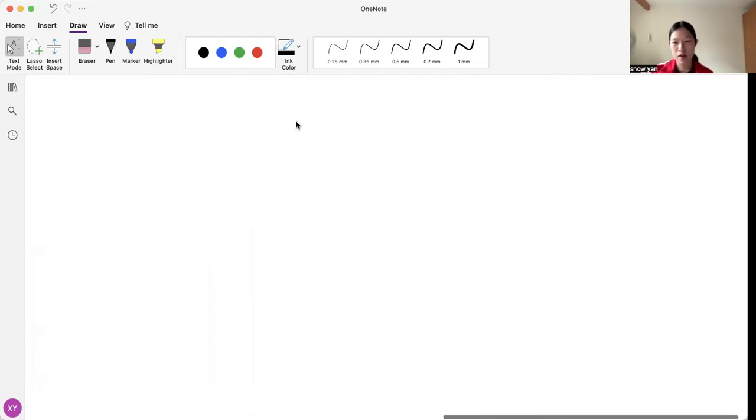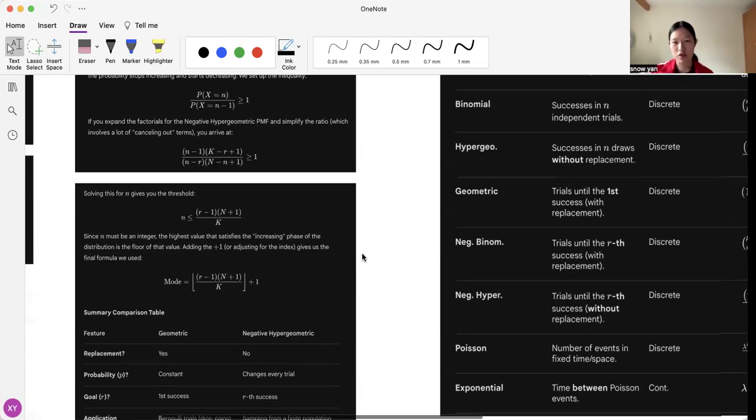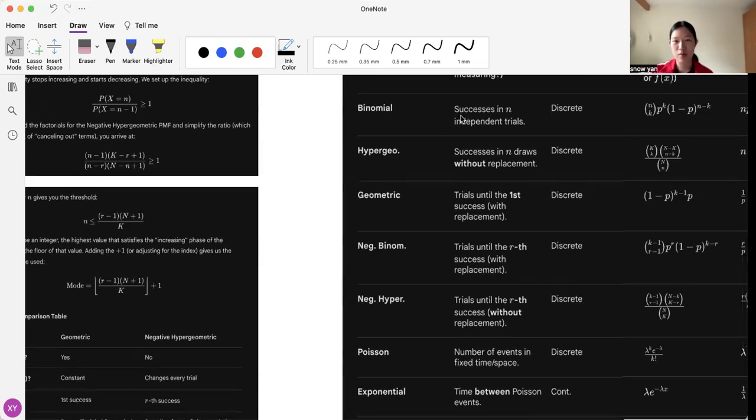Doing this question, I had to go over what the different distributions measure. Binomial is success in independent trials. Hypergeometric is when we have success in draws without replacement. Negative hypergeometric is trials until the rth success without replacement. Geometric is the first success with replacement.